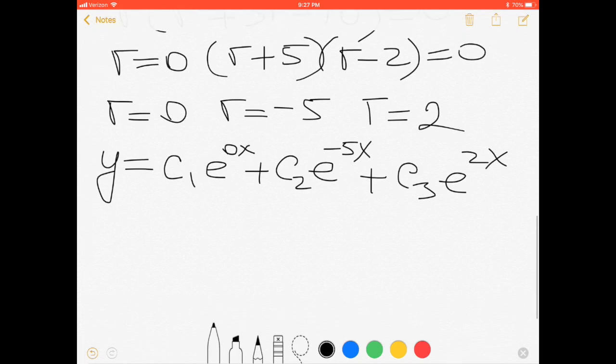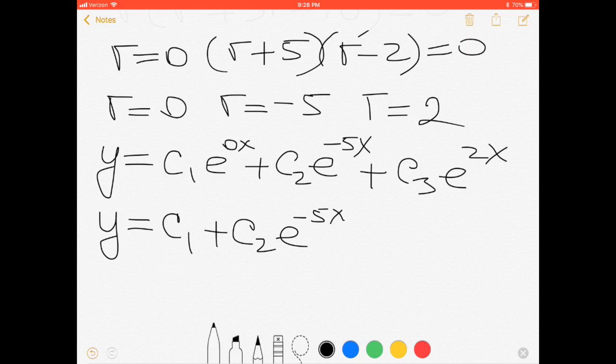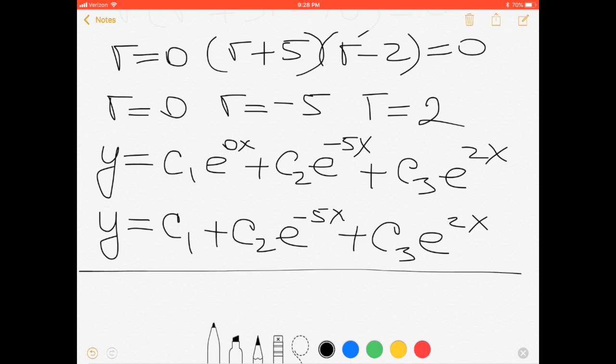Well, here we can simplify a little bit. This means y equals c1 plus c2 e to the exponent minus 5x plus c3 e to the exponent 2x.